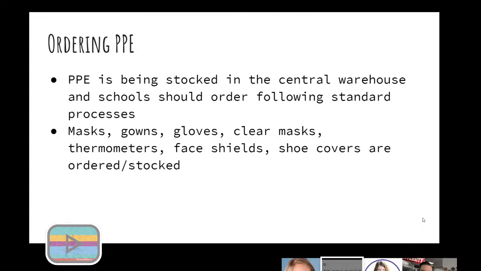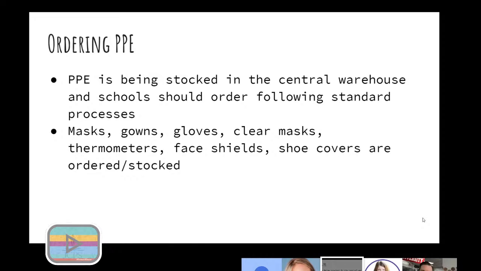Masks, gowns, gloves, and clear masks for people who might be providing therapy services. Speech therapists, as an example, or staff who are working with students who are hard of hearing, can order clear face masks from the warehouse. There are also, in addition to the face shields, thermometers and shoe covers.